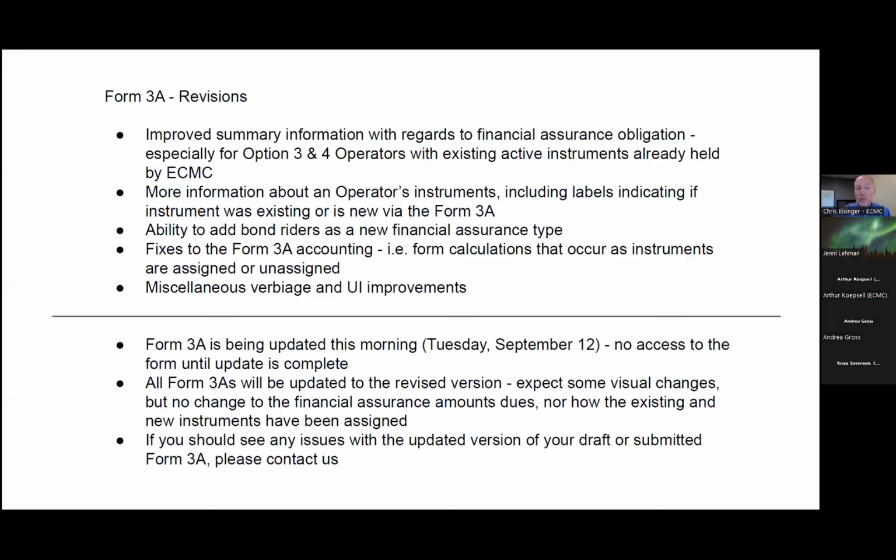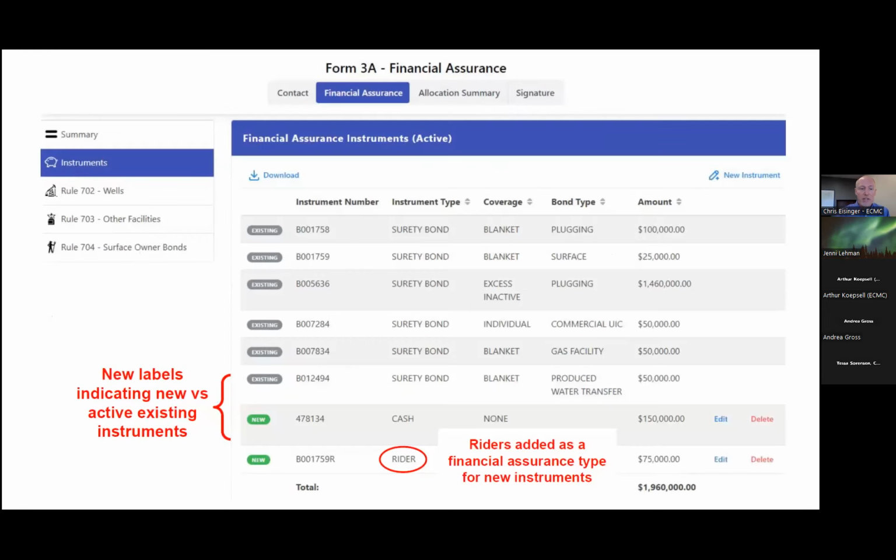You will see some visual changes, but there shouldn't be any change to the financial assurance amounts that are due or how you have assigned your existing and new instruments. If you should see anything that looks different or anomalous, please let us know. But we're trying to ensure that that doesn't happen. So that really is it. Oh, here's the example. Now you'll see these labels showing if it's existing or new throughout the form.